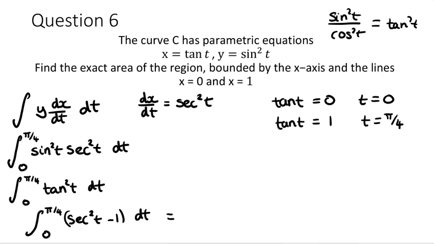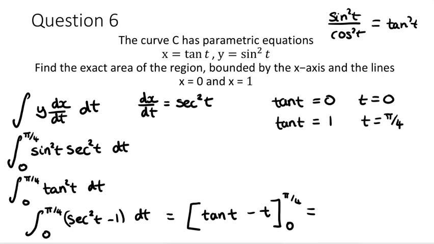So I did that because in the formula book, when you integrate sec squared you get tan. Integrate the 1 with respect to t, but that's just t, between pi over 4 and 0, and then just sub the pi over 4 in. So tan of pi over 4 gives us 1.